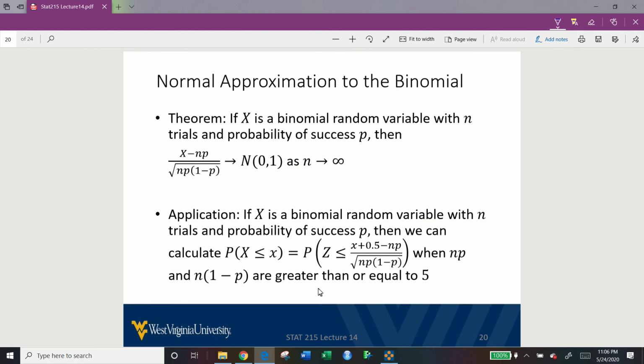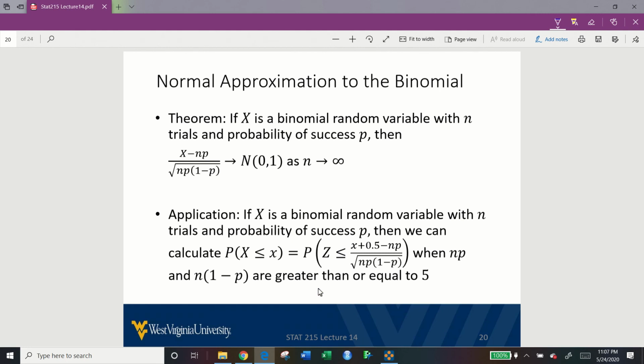If x is a binomial random variable with n trials and probability of success p, then x minus np, which you may recall np is the mean, divided by the square root of np multiplied by 1 minus p, which you sometimes know as q, can be converted into our standard normal distribution as n goes to infinity.